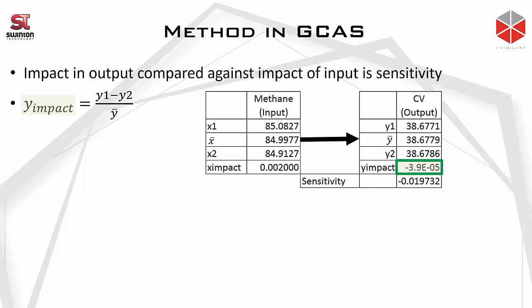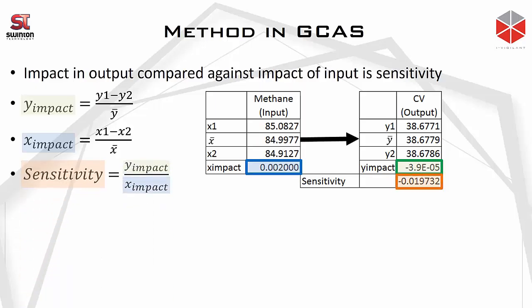Then we get the X impact, or the input impact: again, the increased value minus the decreased value divided by the average. Sensitivity is then the output impact divided by the input impact.